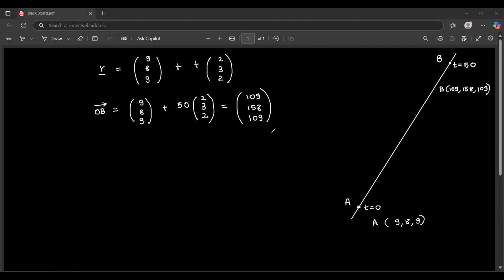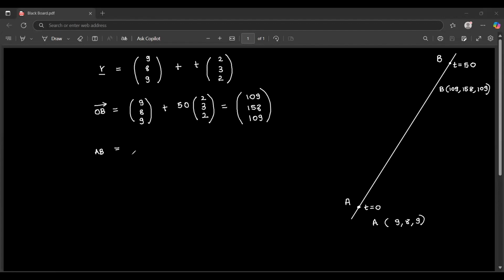So if I have to find the displacement of the particle at t equals 50 seconds, I can just find the length of AB and come up with the answer. It's in space, so I can apply the equation for a straight line segment.